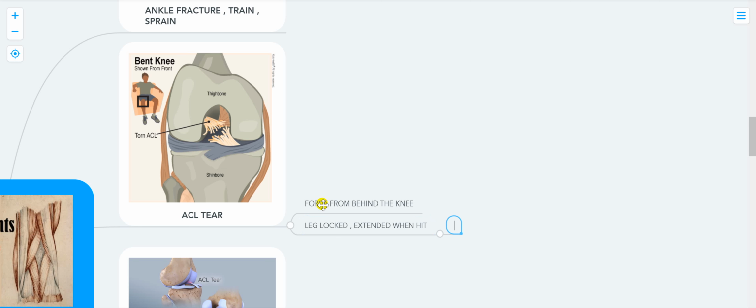So how do you diagnose? What are the clinical symptoms? Usually anterior draw sign, and you diagnose it by MRI. And how do you treat it? If it's an athlete, then you do surgical repair.